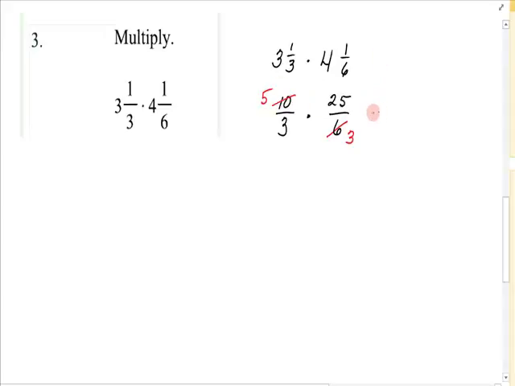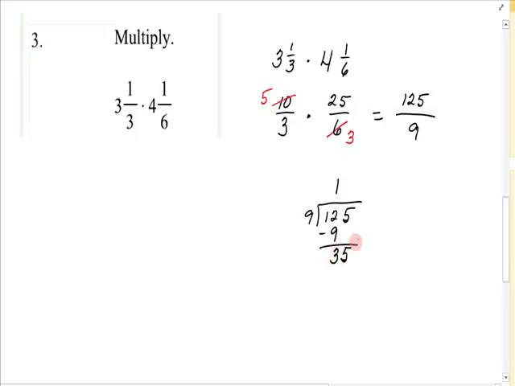The top, I have 25 times 5, which you could go off to the side and do, but it is 125. 3 times 3 is 9. I have my improper answer, but I have to have a mixed number answer. So I'll divide 9 into 125. 9 doesn't go into 1, but it goes into 12 one time. 1 times 9 is 9.